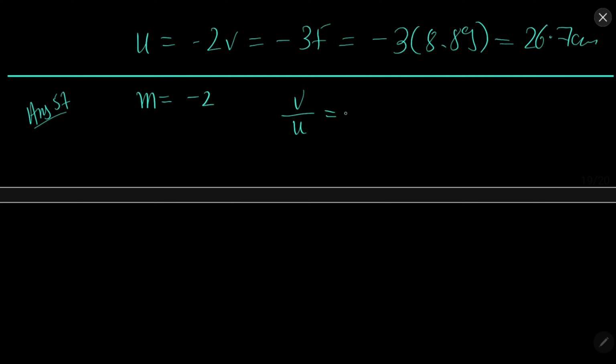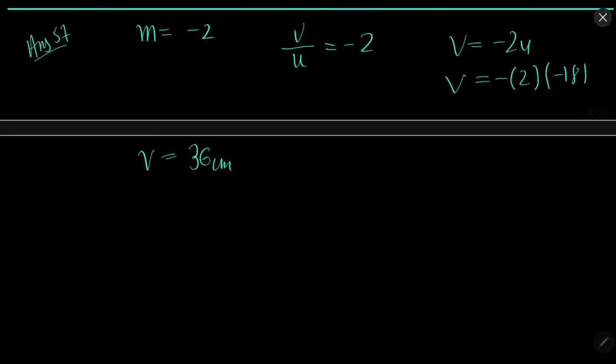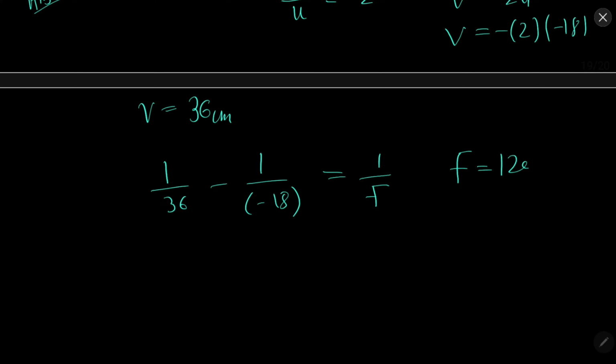So v by u equal to -2, v equal to -2u, v equal to -2 into -18. So v will come out to be 36 centimeters. So by lens formula we will obtain 1 by 36 minus 1 by 18 equal to 1 by f. F will come out to be 12 centimeters.